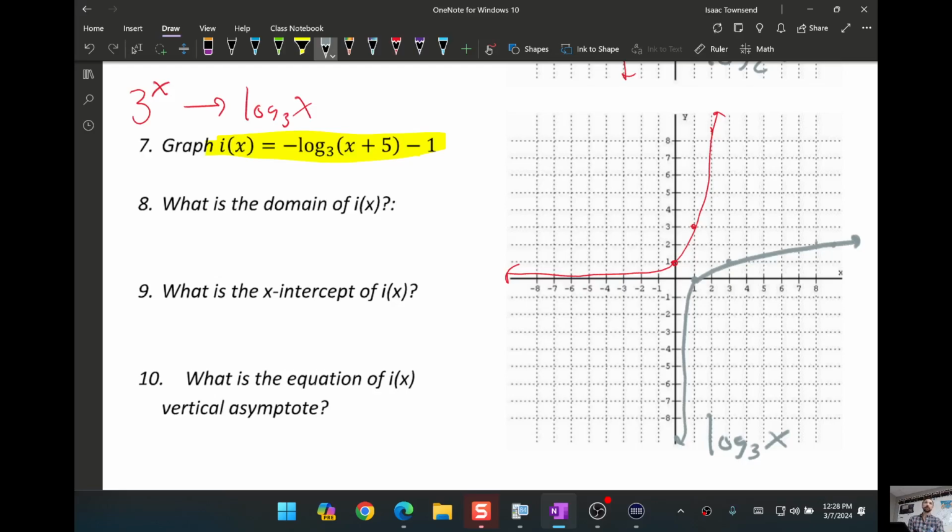And then we can apply the transformations. This one just happens to have 3 different transformations. Looks like we need to go left 5, then we need to reflect over the x-axis because of this negative.